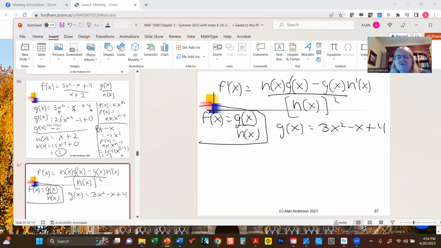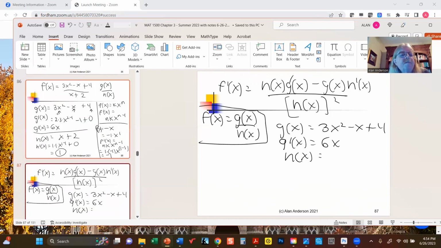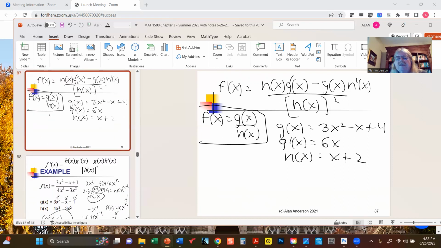G prime of x, we just got through showing, is equal to 6x. H of x was equal to x plus 2. And h prime of x is 1.